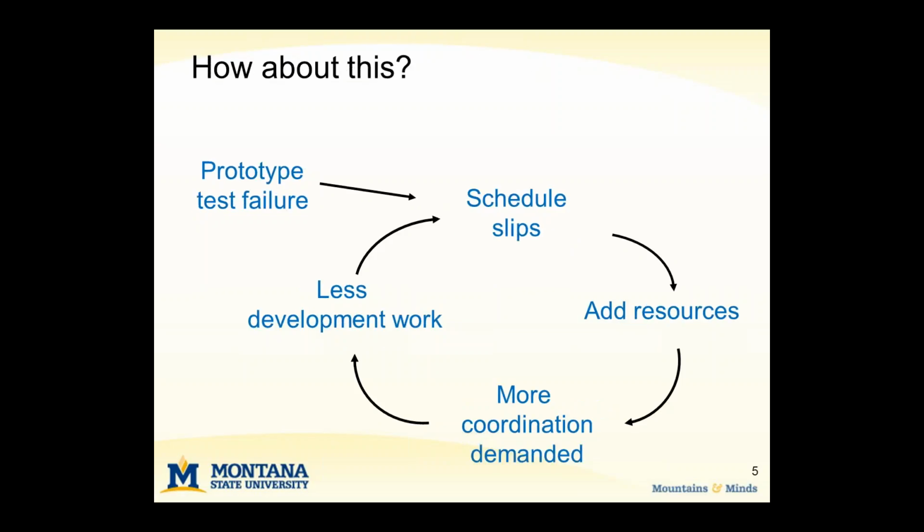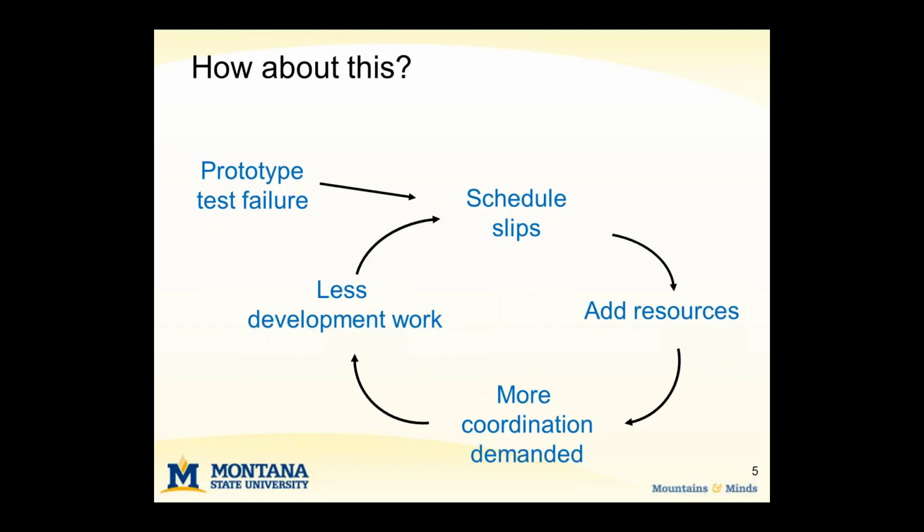If that doesn't sound familiar to you, then maybe something like this, where we have a failure in prototype testing, and a project that was on time yesterday is now 3 months behind today. And of course, our management wants to be helpful, and so when they see the schedule slip, perhaps they want to add some resources to the team to help get things back on schedule.